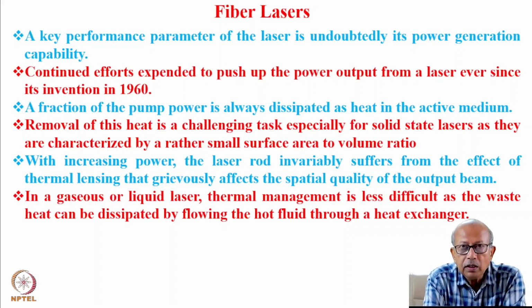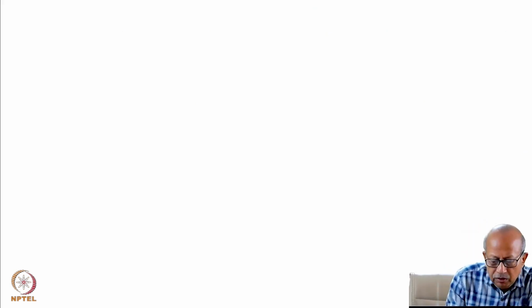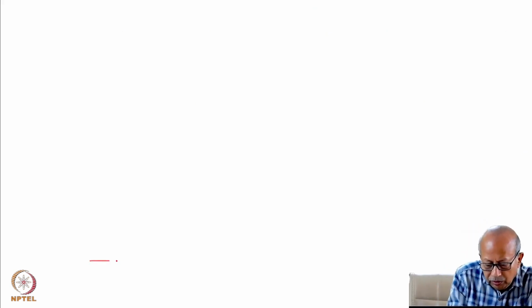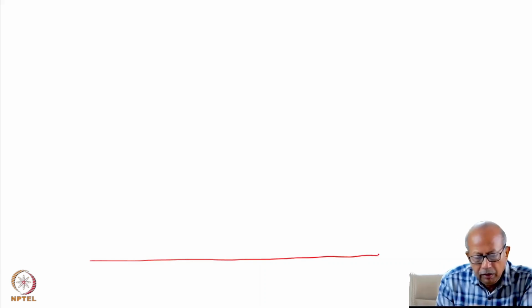Before we do that, let me very quickly once again summarize the principle of working of a gas dynamic laser. For this, we take the case of a gas dynamic carbon dioxide laser. The three modes of vibration of the carbon dioxide molecule that we know are the symmetric mode, the bending mode, and the asymmetric mode of vibration.